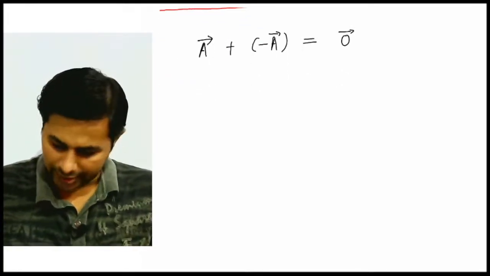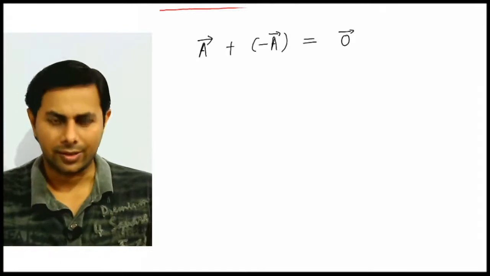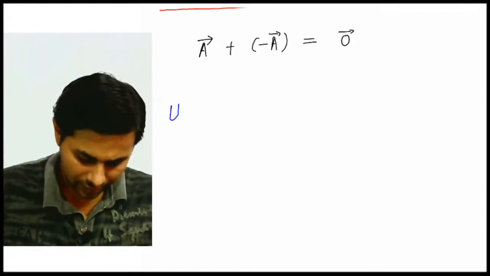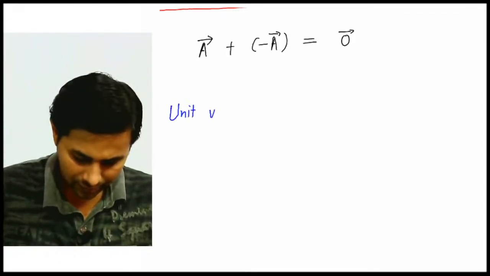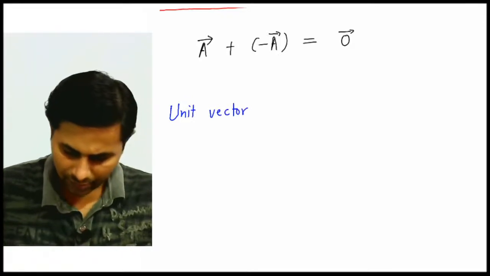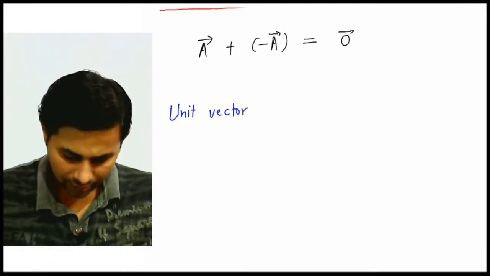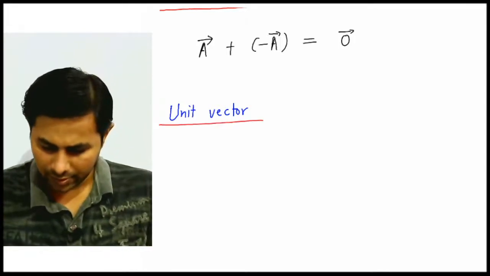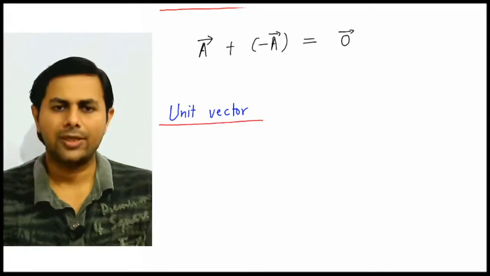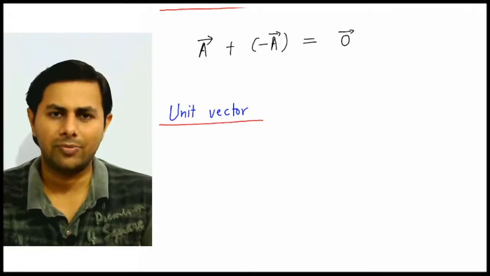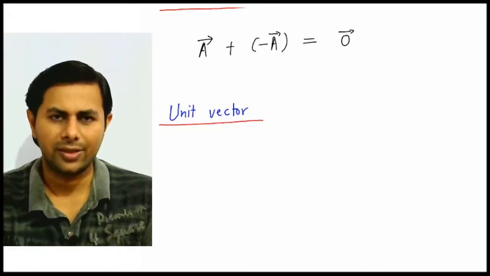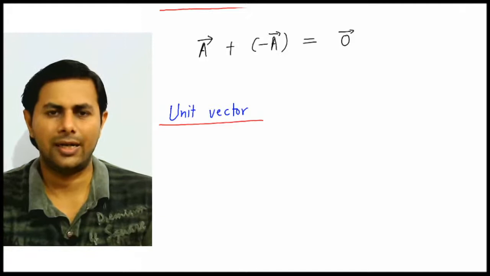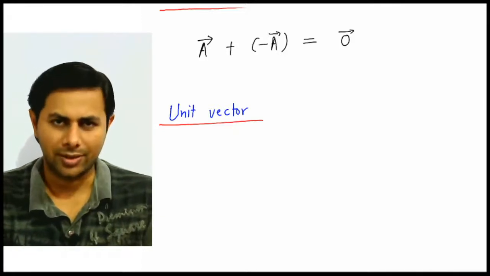Then next term is unit vector. So what is unit vector? The meaning is clear from the name itself. It's a vector in a particular direction and it has unit magnitude.